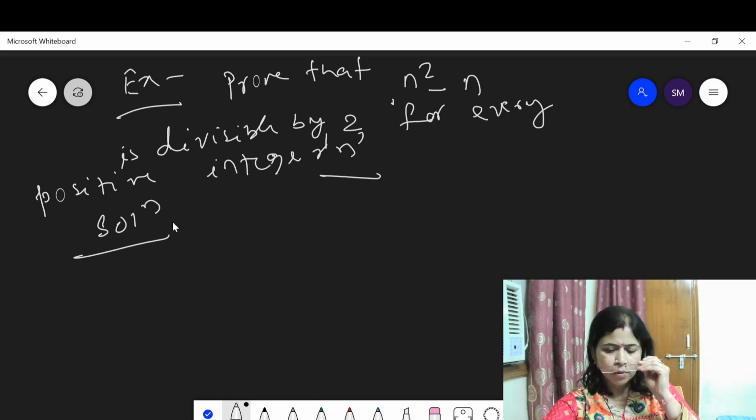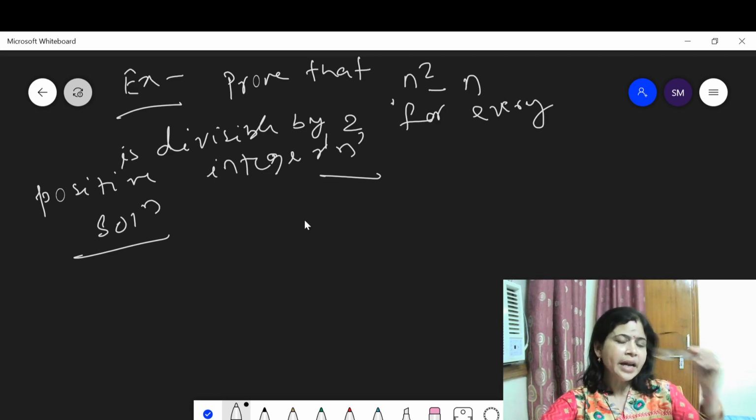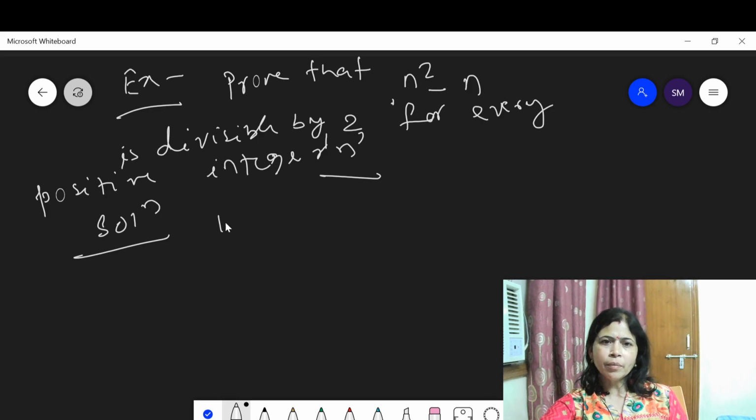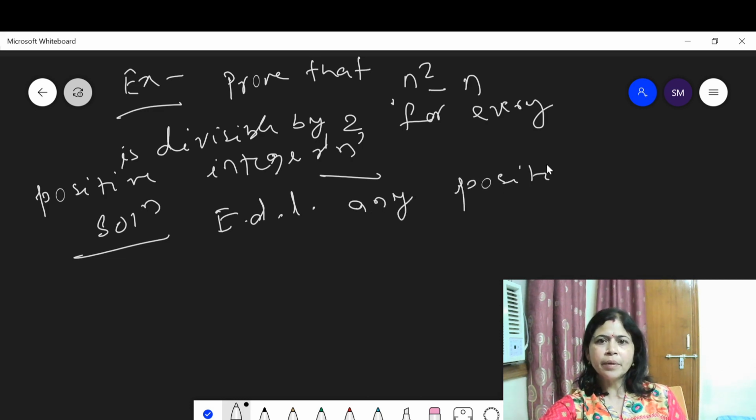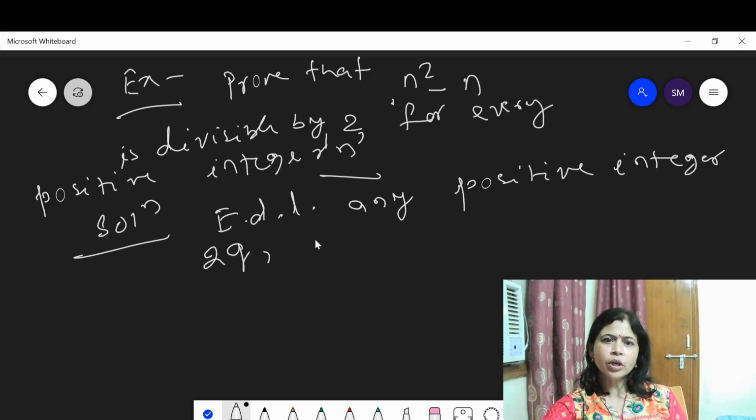As we know, by Euclid division lemma, any positive integer can be represented in the form either 2q or 2q plus 1. 2q means this is an even number and 2q plus 1 means this is an odd number.